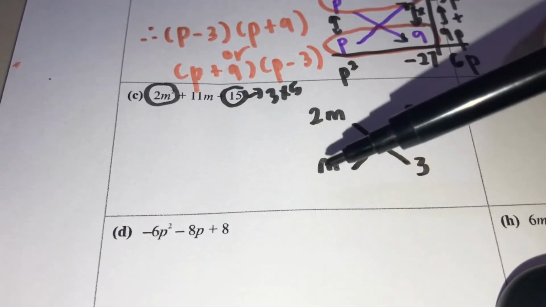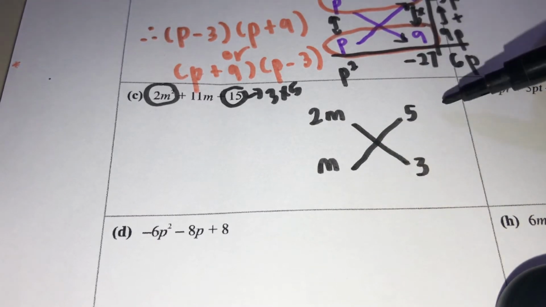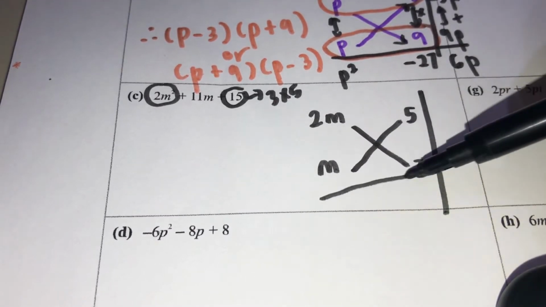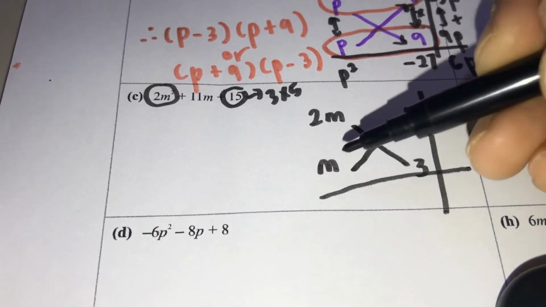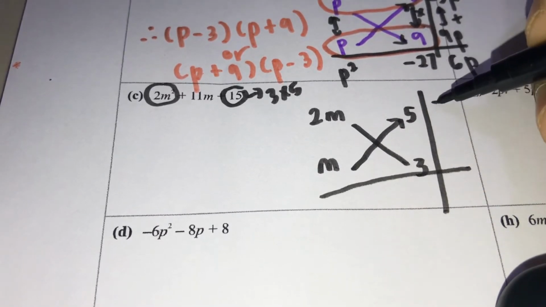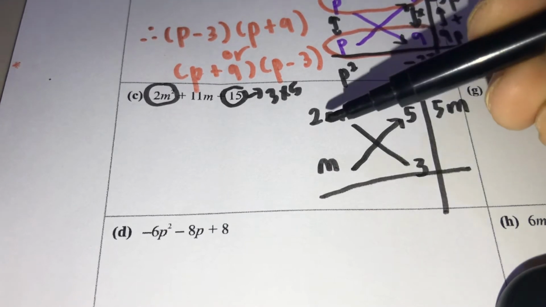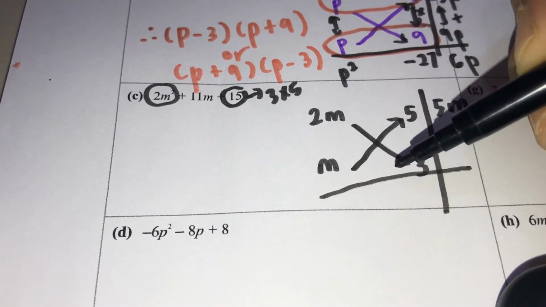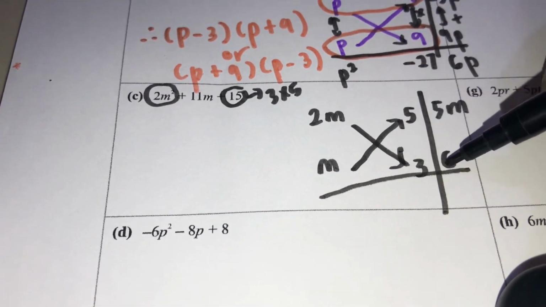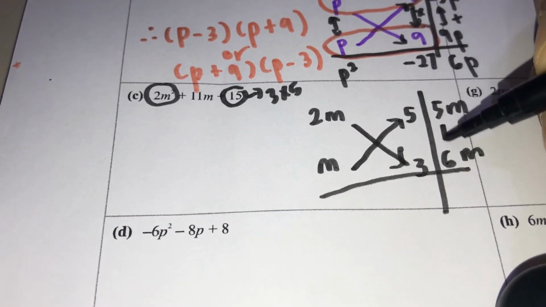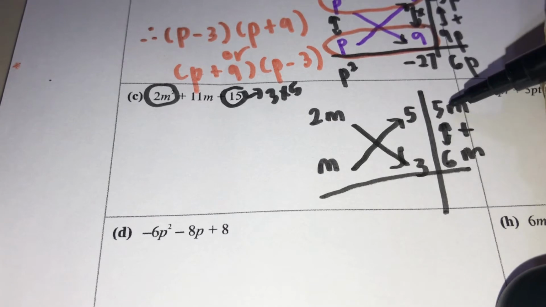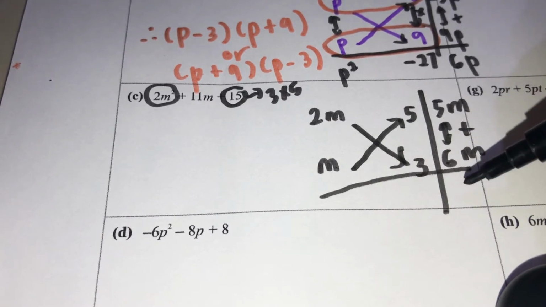So m times 5, you get 5m. And then 2m times 3, you get 6m. You have to try to add. When you add 5m plus 6m, you get 11m.